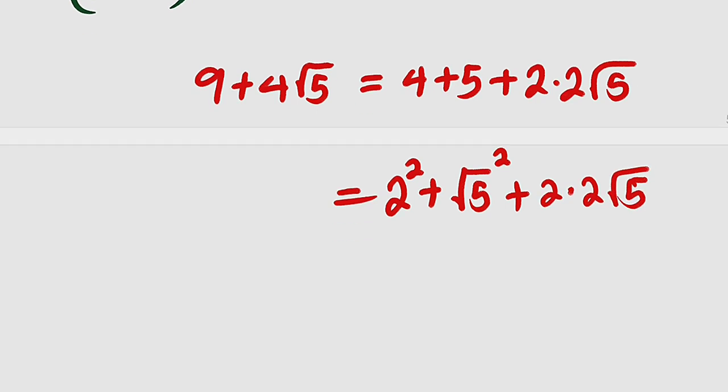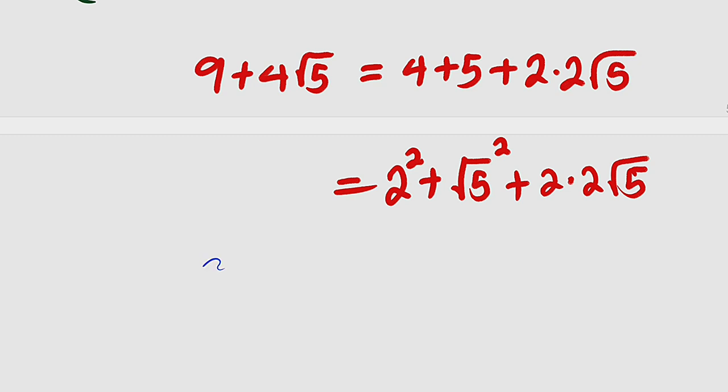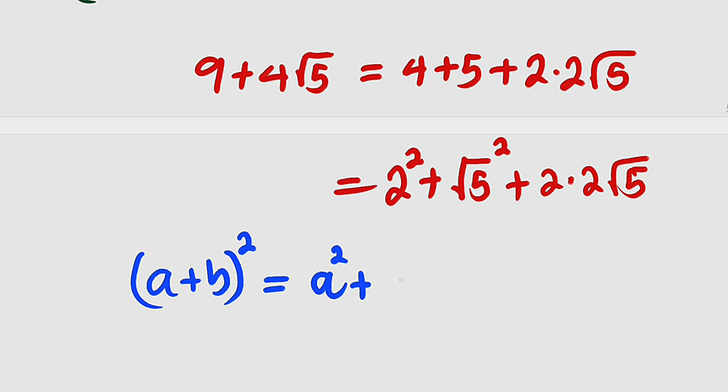So let me show you something. Remember, if you have a plus b raised to the power of 2, this is the same thing as the first term squared plus the second term squared plus 2 multiplied by the first term multiplied by the second term.